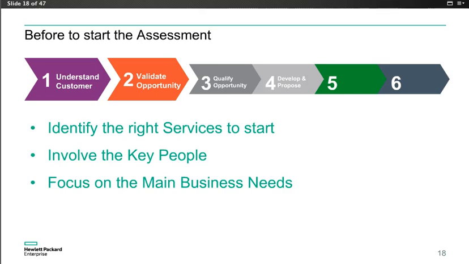Before we start with the assessment, it's good to understand the customer. Therefore, there are proven techniques that we use to identify the right service to start with. We talked a few slides before about how some customers are not happy with the outcomes of DevOps adoption.